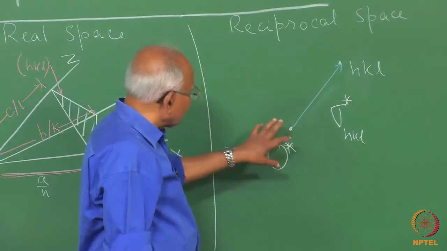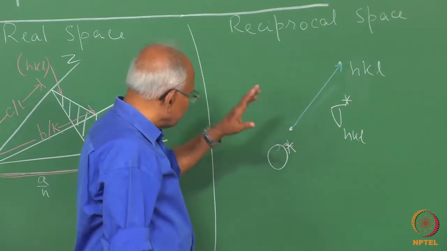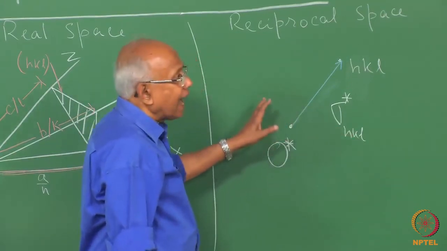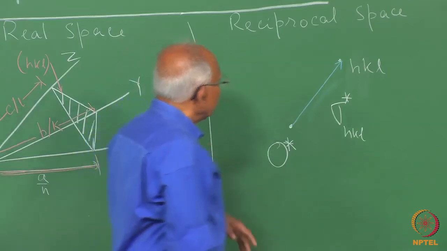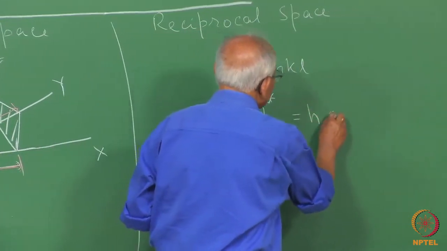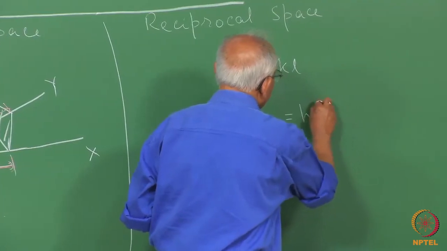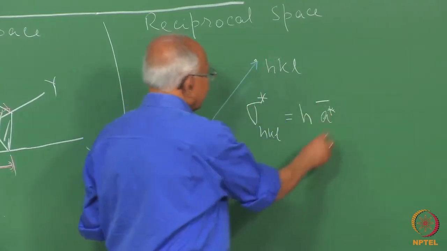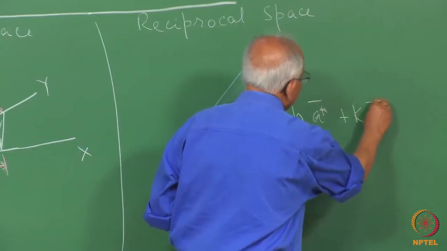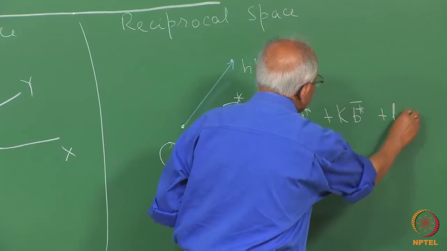So, in the reciprocal lattice you can resolve the vector along a star, along b star and along c star. So, we can write this as a vector: h a star plus k b star plus l c star.